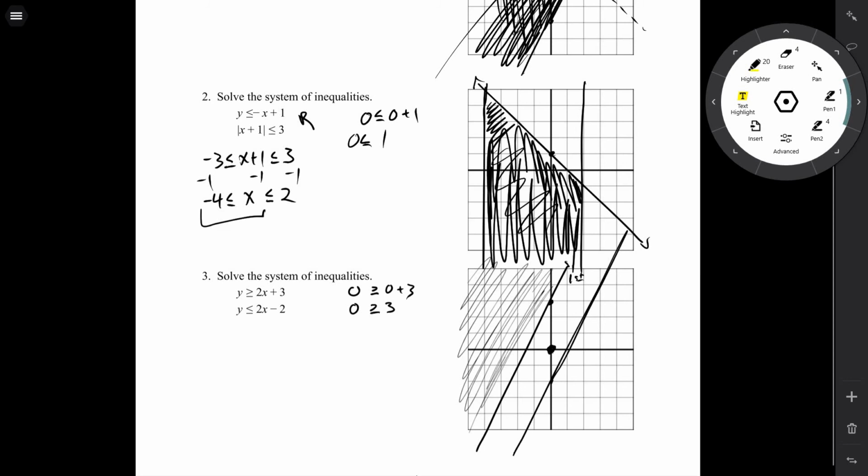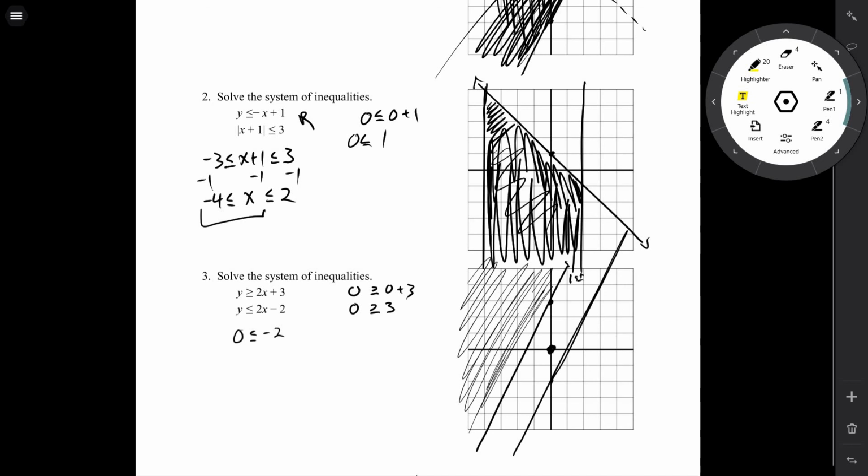For the other one, the sign is flipped, so we can make the jump that it's going to shade on the opposite side of that line. But let's try a test point anyway. We'll try 0, 0. 0 is less than or equal to negative 2.